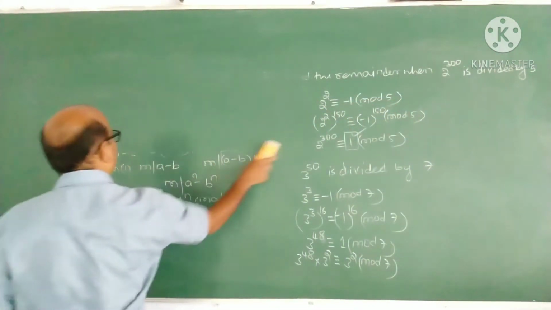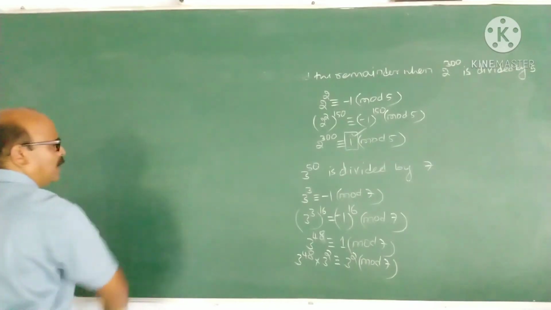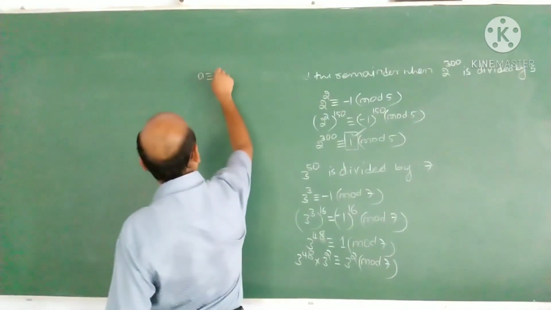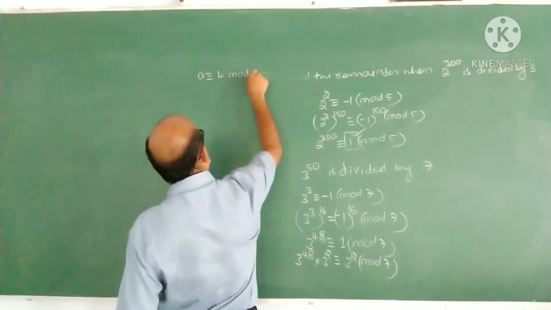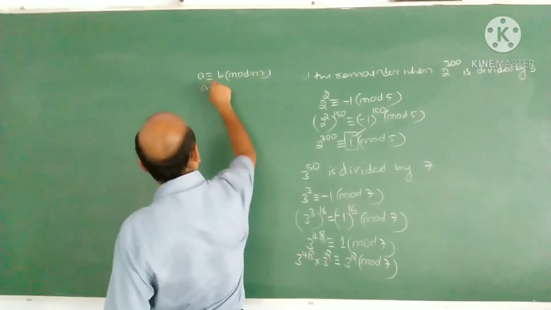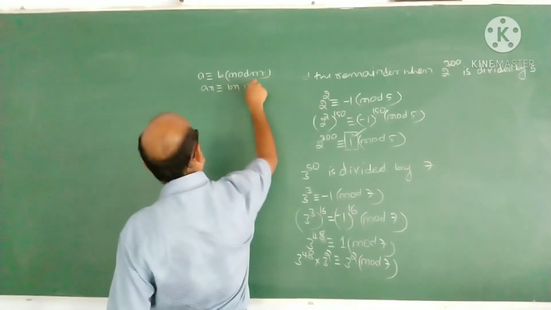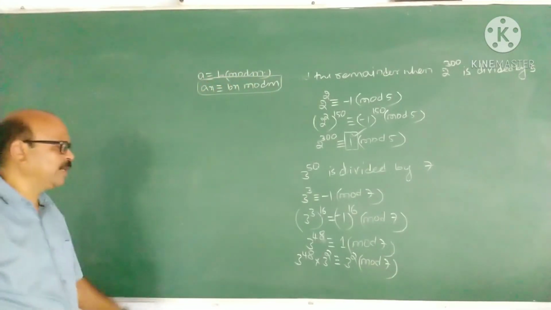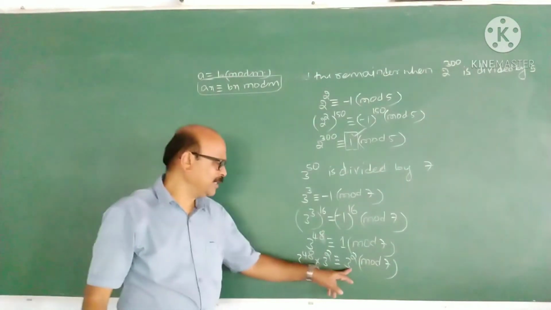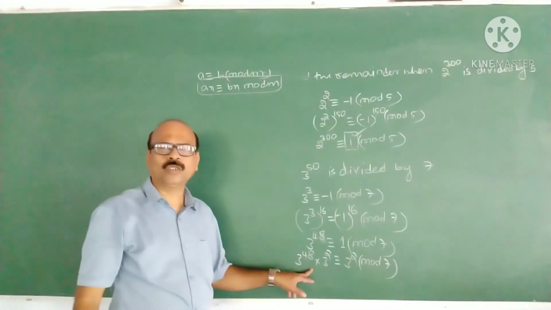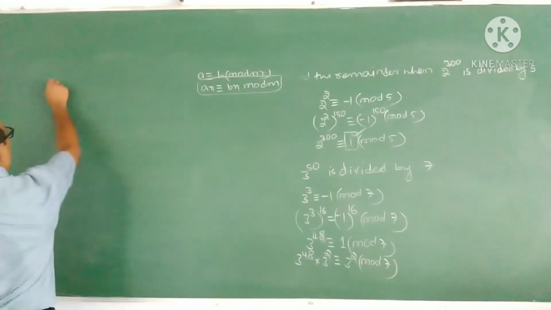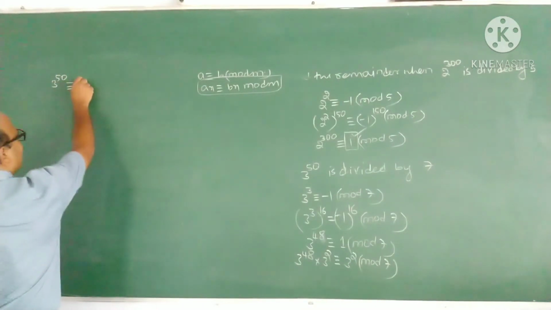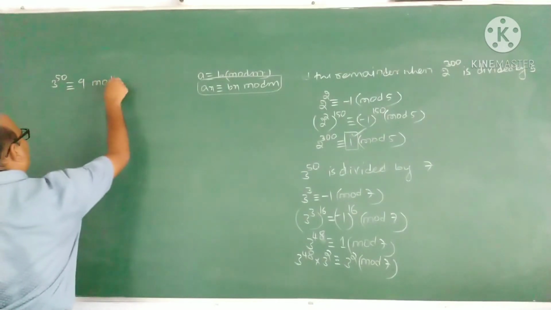You can multiply by any integer. That means if a is congruent to b mod m, then ax is congruent to bx mod m. This you have studied. I have used that property here. I have multiplied by 3 square, so that this becomes 3 raised to 50. Therefore 3 raised to 50 is congruent to 3 square, 9 mod 7.